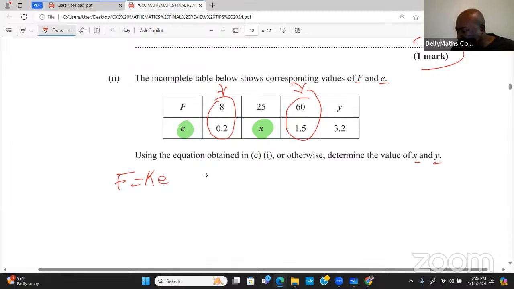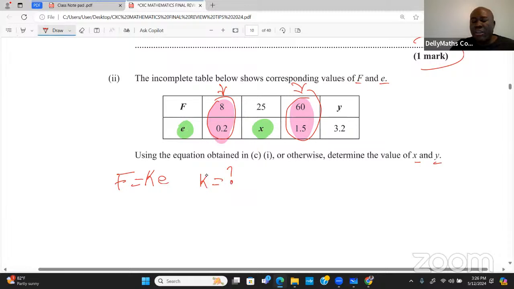So this question is rather very interesting because we have two cases that could have helped us to find K. A lot of times it's only one, but I have two, and I'm not going to show you why both work. I'm just going to pick any one. So any one works. I'm going to take the first one. So my intention is that in order to solve any variation, we need to know the value for the constant of the variation.